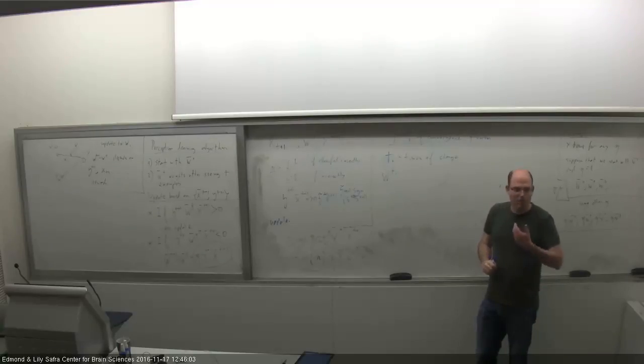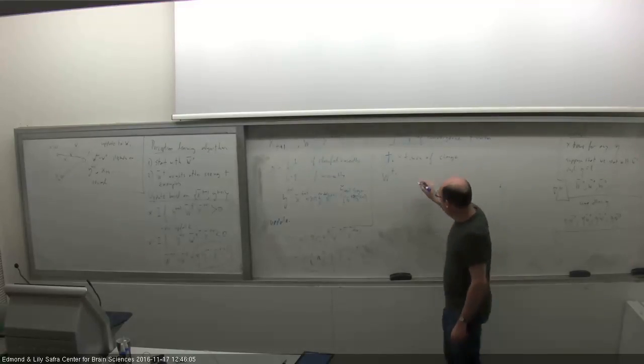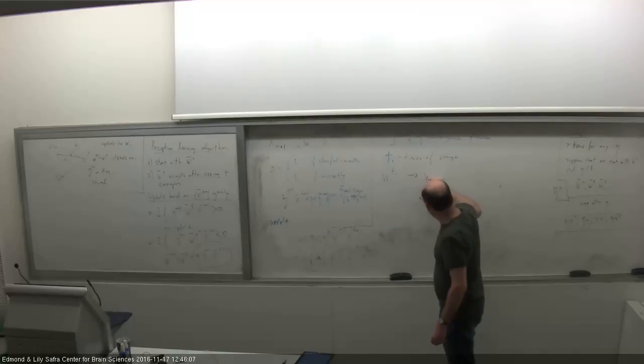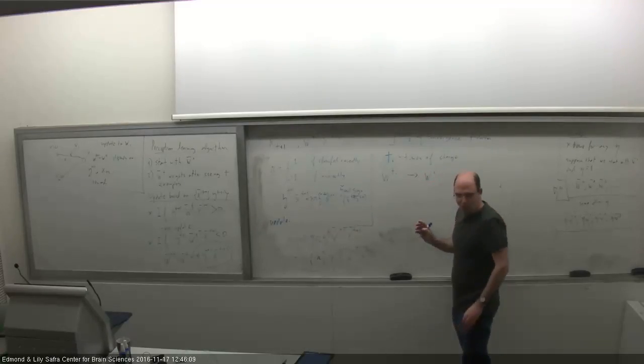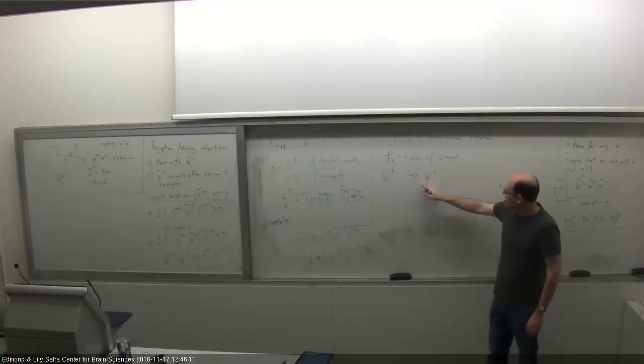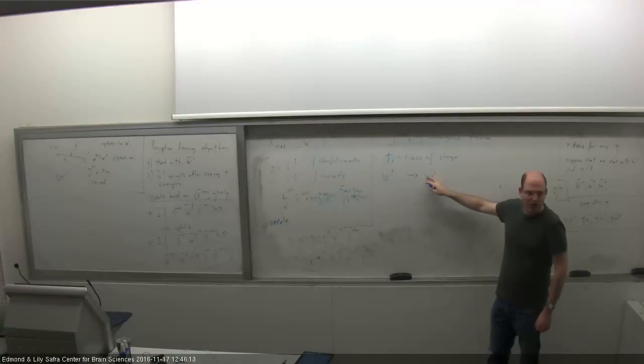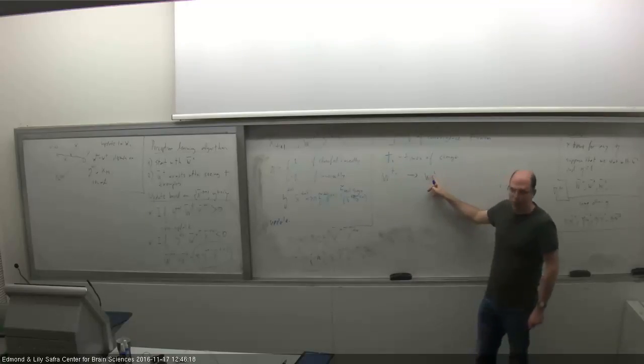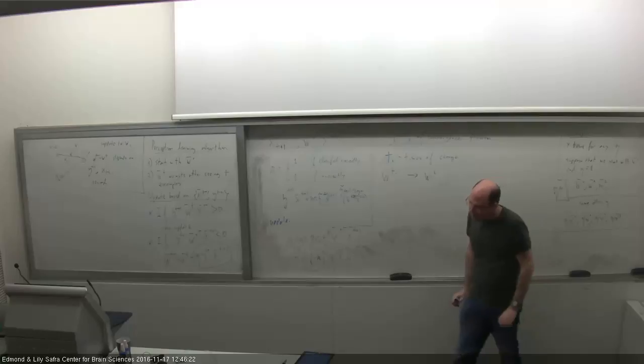And just in order not to drag along all this notation, I will denote this by W_i. So note that now when I say W_i, I don't mean the weights after i steps of the algorithm, I mean the weights after i times that the weights have changed. Okay, so this is just notation.